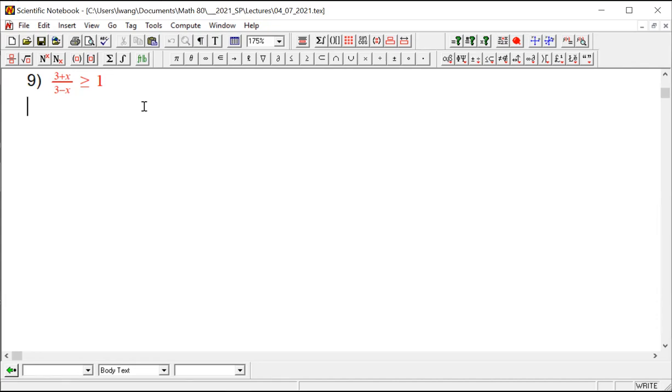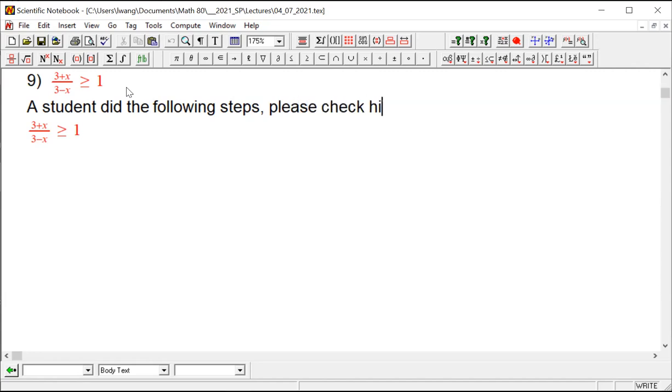Okay, so now at this time I see this inequality, and I'm going to ask you a question. A student did the following steps. Please check his work.